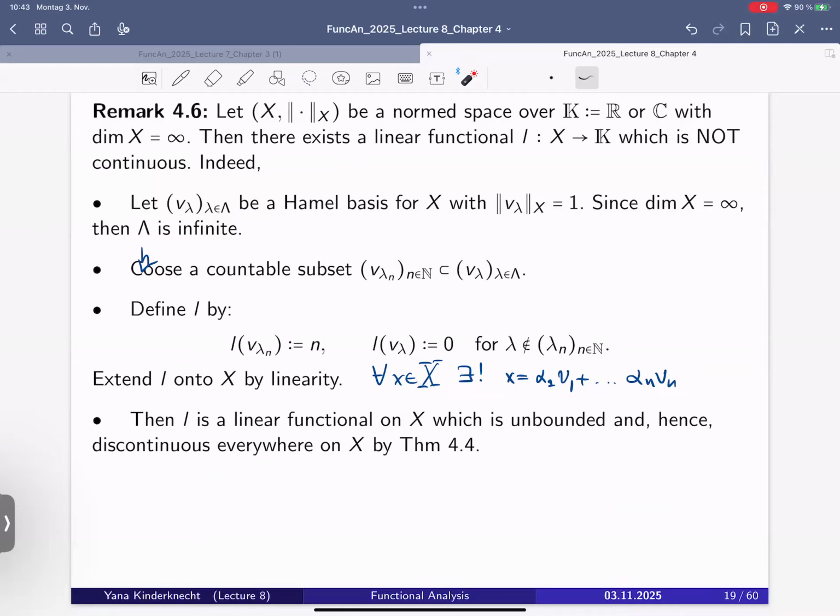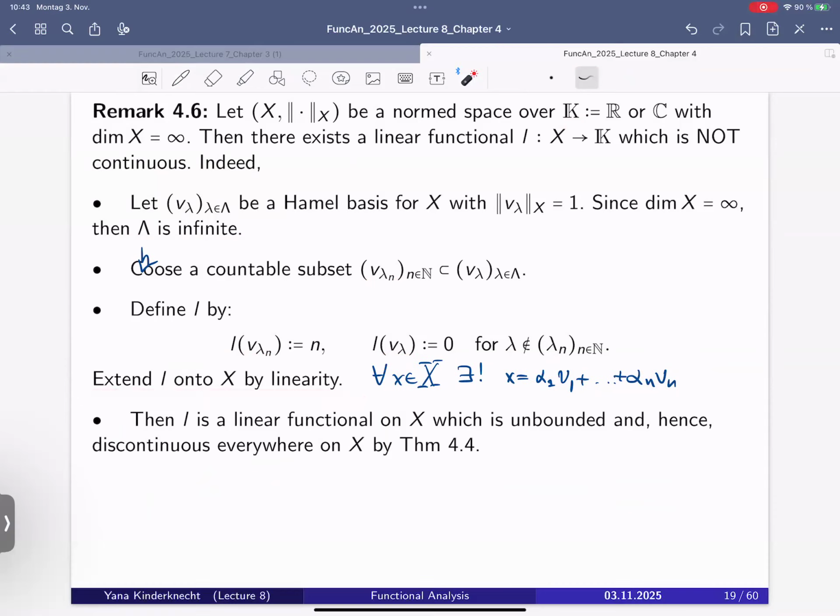Hence, since L is defined on all basis vectors, we can define L of x by linearity as alpha 1 L of v1 plus etc. plus alpha n L of vn. So I hope it's clear how to define L everywhere by linearity.